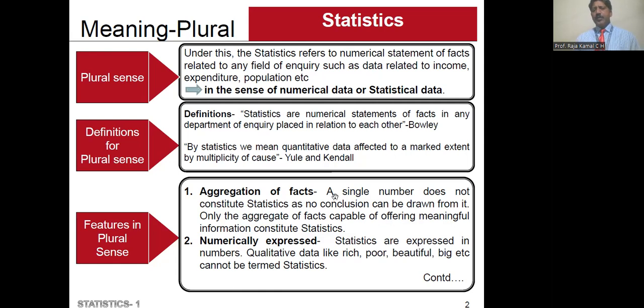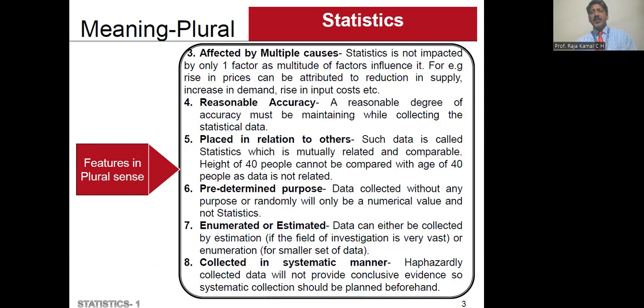And most of the time, we express things numerically. Even qualitative things such as great, excellent, very good, rich, poor, big need to be converted into quantitative items with different techniques of statistics. So generally statistics are expressed numerically, so that it is easy to do the calculations and to apply the methods of statistics.